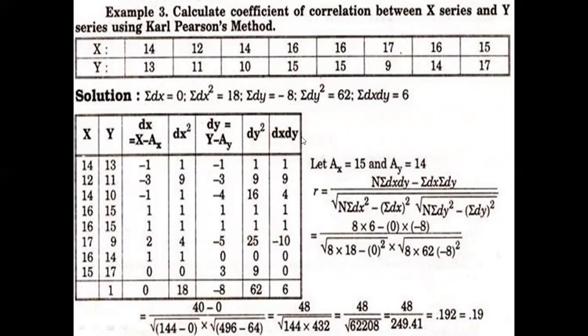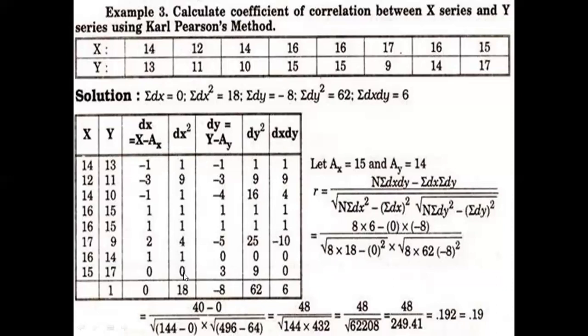So n, as I said, number of pairs in the very starting, it was 8, as we can count them easily. Number of pairs are 8, multiply by sigma dx dy. So sigma dx dy, which is in the end column of the table, we get it, it is 6, minus sigma dx into sigma dy. So here the value of sigma dx is 0, and multiply by sigma dy, the dy value is minus 8, upon under root n sigma dx square, n equal 8 we have inserted, multiply by sigma dx square, as we have got the value in the table itself.